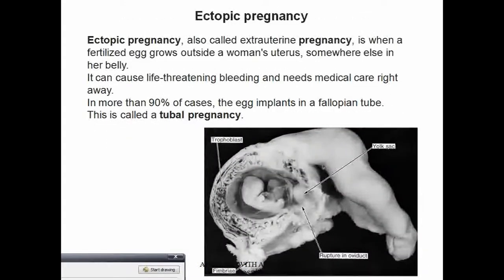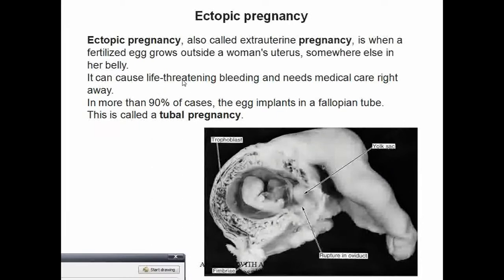This is a life threatening condition, with bleeding, and needs medical care right away. In more than 90% of the cases, the egg implants in the fallopian tube. This is called tubal pregnancy.